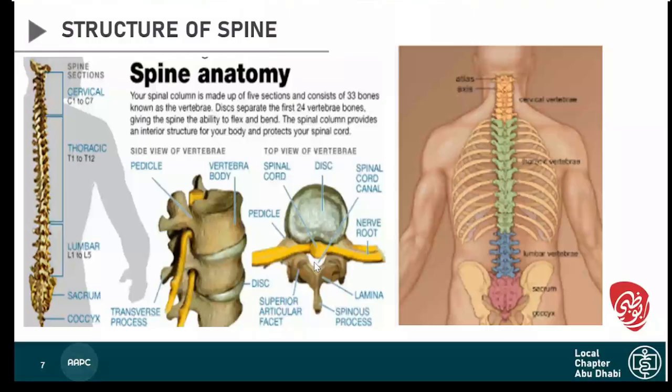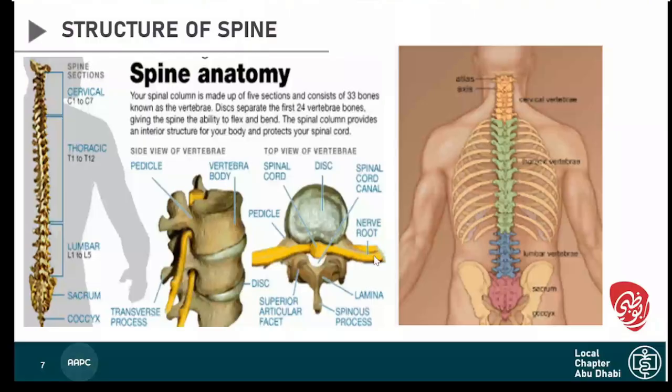Within this spinal canal, our spinal cord runs. Also, on the side we have another space that we also call a foramen. Through it, this yellow colored structure, the spinal nerve, exits. These nerves exit through these foramens.